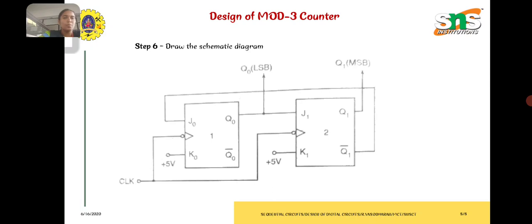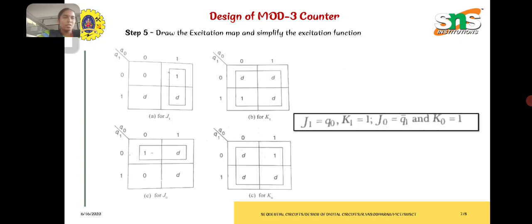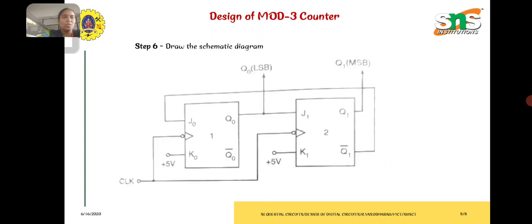The first flip-flop and second flip-flop commonly share the clock pulse, because without a clock pulse the flip-flop cannot work. And see here, K1 and K0, both the values are 1, so here we are mentioning plus 5 volt. If it is a 0, it is 0 volt, and if it is a 1, it is 5 volts. That's why we are giving the flip-flop K0 and K1 inputs as 5 volt.